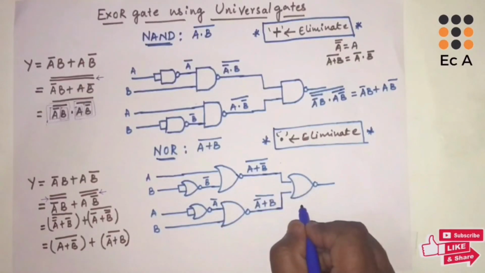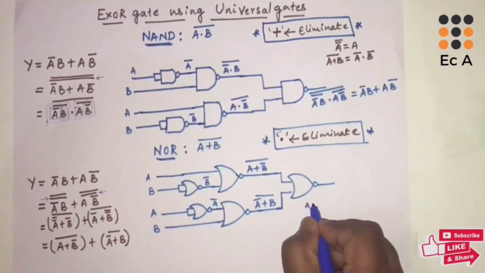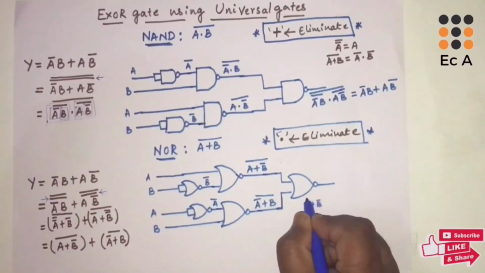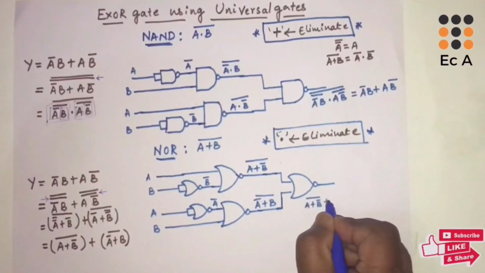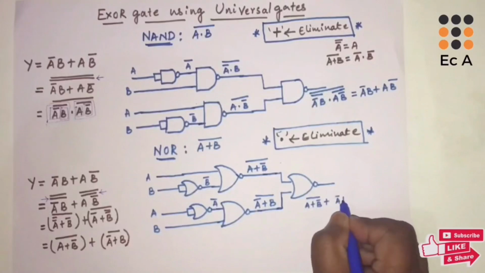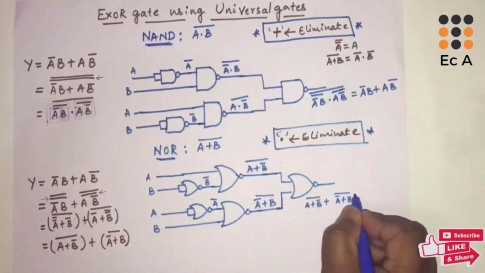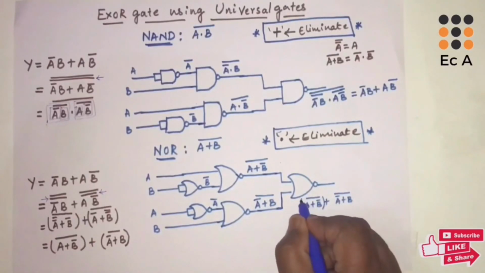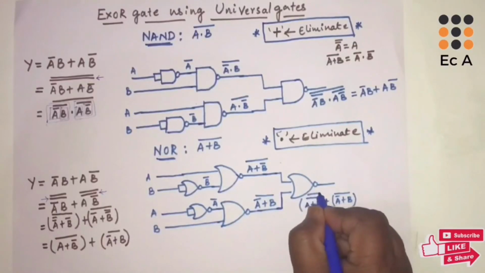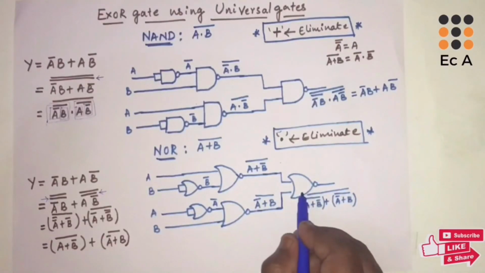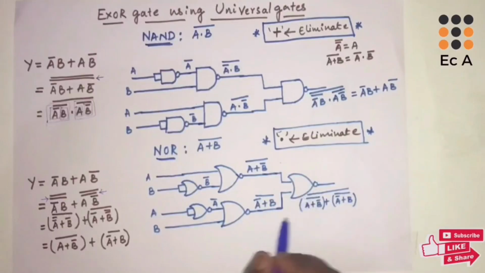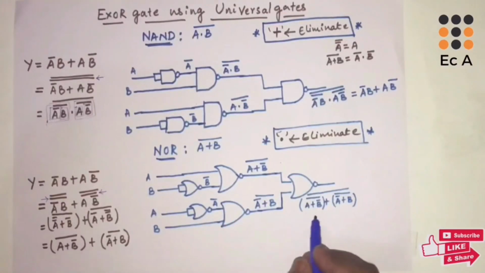So we will write the first term, which is A plus B bar whole bar, plus A bar plus B whole bar, and we got this first term plus second term whole bar. This is the output of this NOR gate. If we observe the output, we need to get this term, but we are getting the complement of this term.